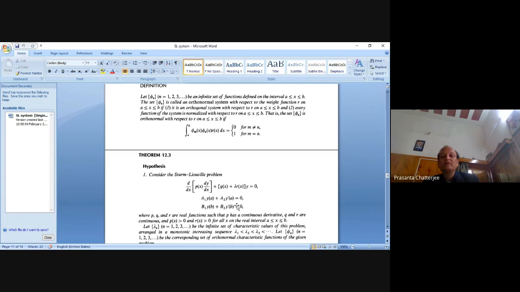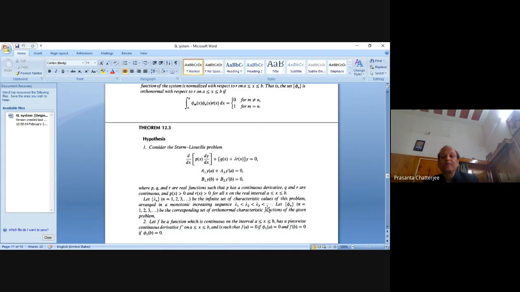So suppose we have a Sturm-Liouville problem. Let lambda n be the infinite number of characteristic values of the problem arranged in a monotonically increasing sequence, and phi n be the corresponding set of orthonormal characteristic functions of the given problem.